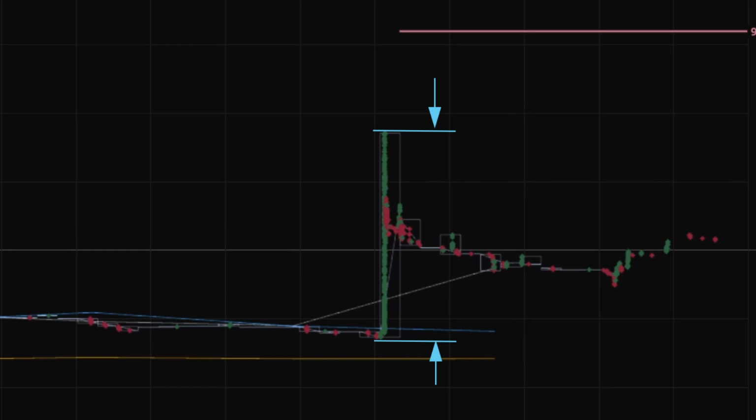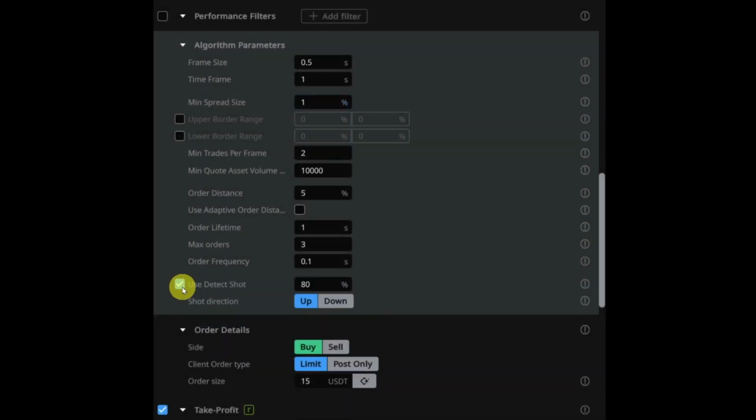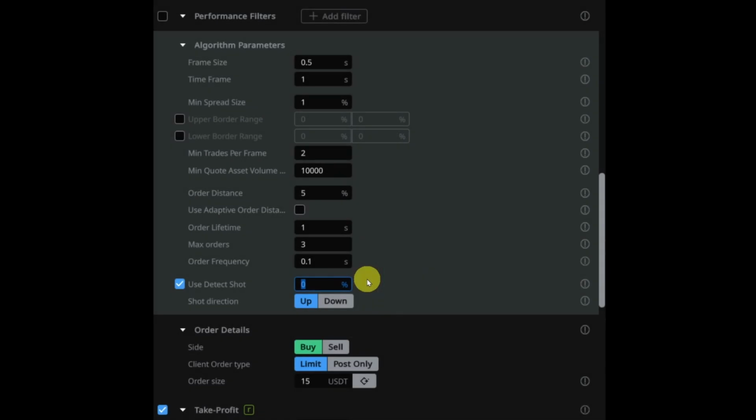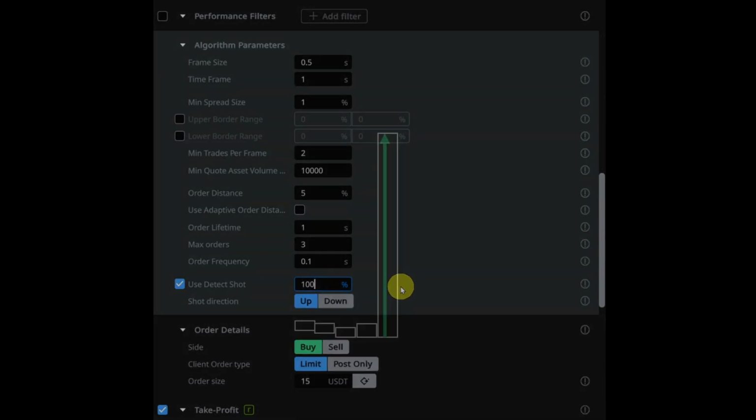Now the important part. Here is where you select the direction of the shot to look for, and also the minimum required rollback percentage, where 0% means that the price exited the frame at the peak of the shot, and 100% means that by the end of the frame, the price fully returned to what the algorithm sees as the base of the shot.